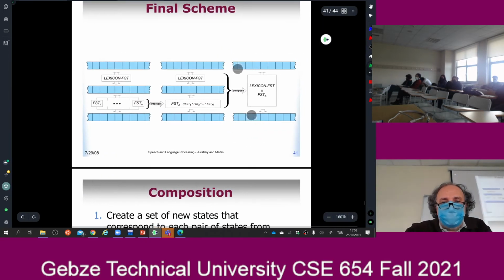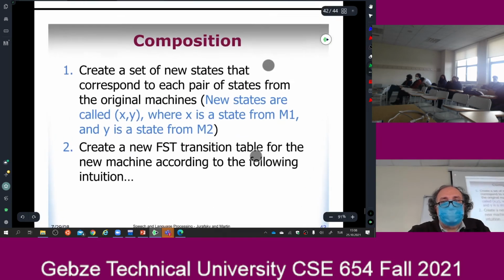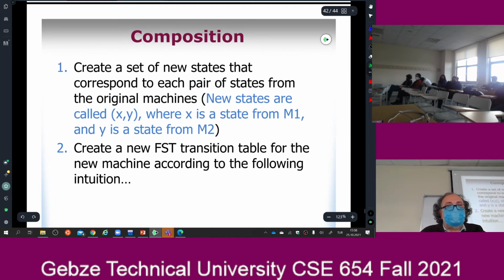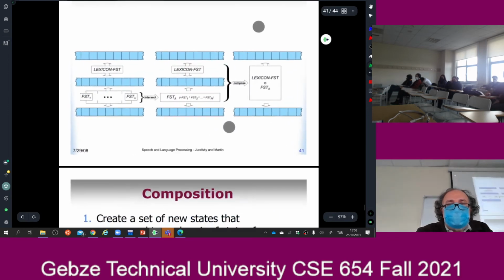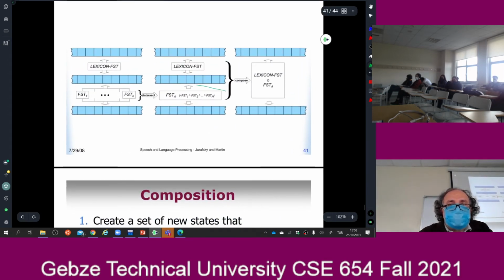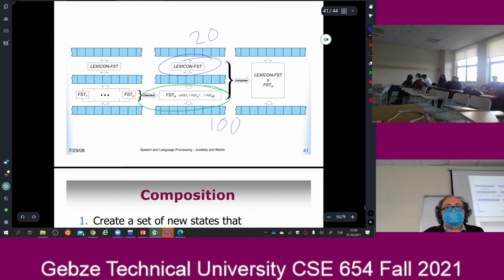And how do we do that composition? These are the rules. Okay. Create a set of new states that correspond to each pair of states from the original machines. So I have, let's say, a finite state transducer here and a finite state transducer there, two of them. Let's say this one has 100 states, and this one has 20 states.